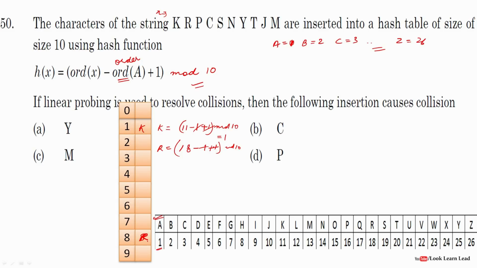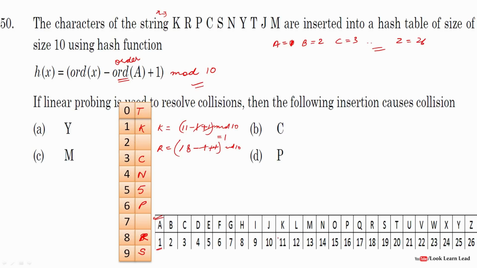And for P, similarly, P would be placed at 6. And C would be placed at 3. S would be placed at 9. And N would be placed at 4. Y is 25, so it would be placed at 5. T is 20, so T would be placed at 0.